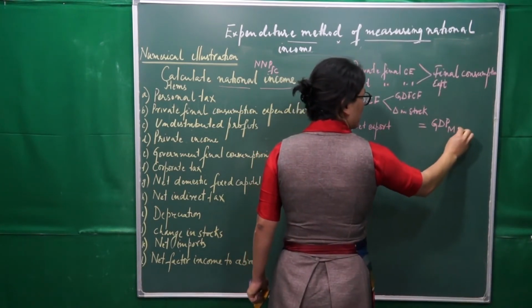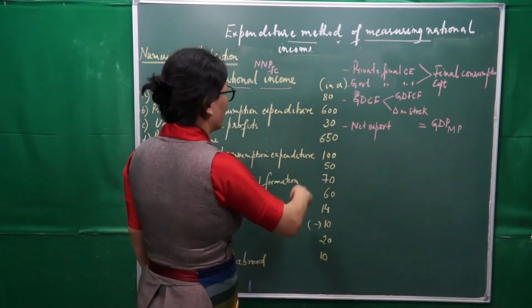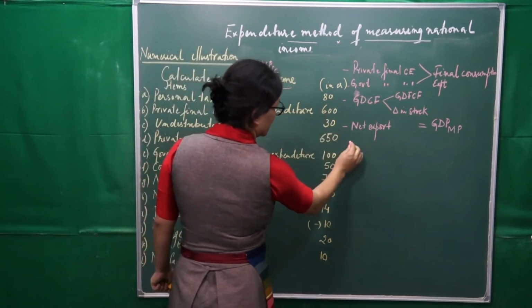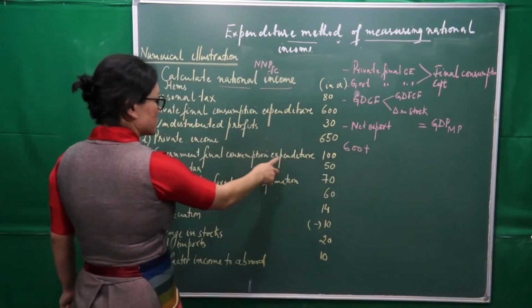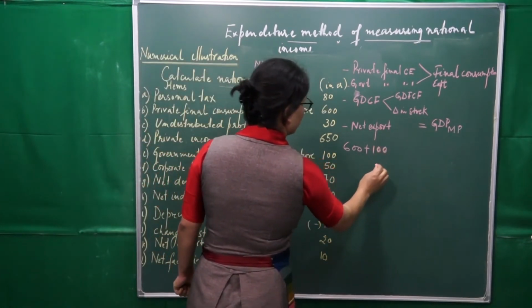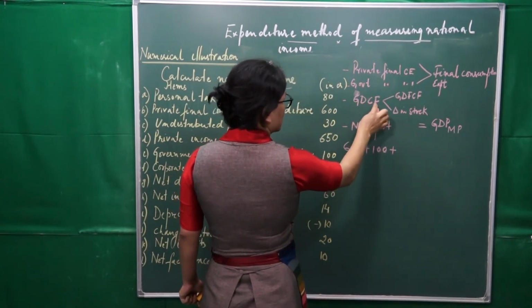at market price. Right? So first we will go for private final consumption expenditure, which is given 600 here, plus government final consumption expenditure is given 100 here. Then we have plus gross domestic capital formation.